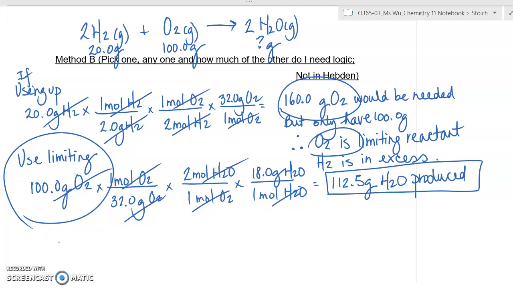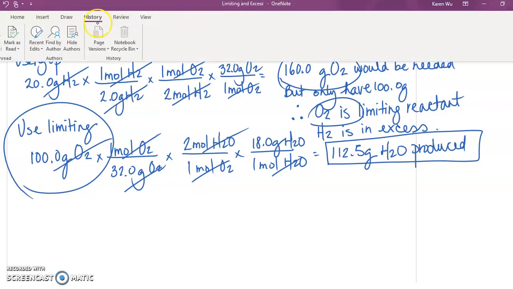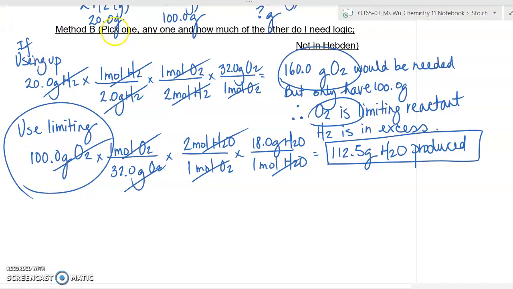Okay. And you're like, are you sure you can just pick one? Any one? What if we do this again and pick the other one? Are you sure you're going to get the same answer? Let me try this with a different color pen, okay?